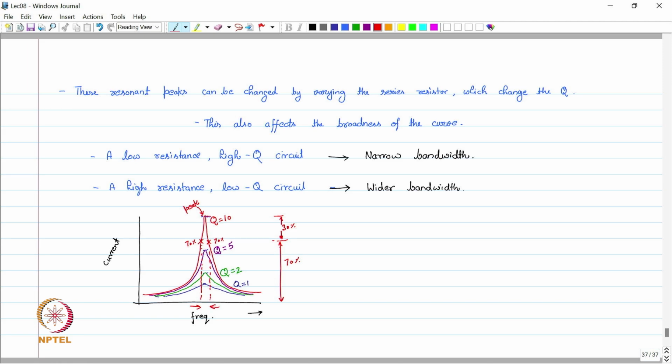This is the bandwidth. Let's say this point is frequency 1 and this point is frequency 2. This bandwidth is f2 minus f1, the difference in the frequency where the magnitude reaches 70% of its peak value.